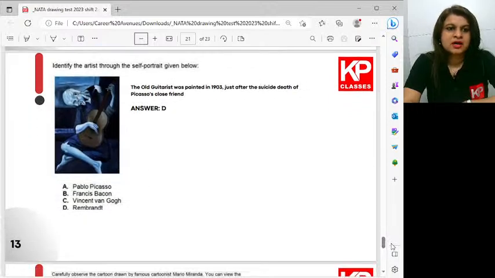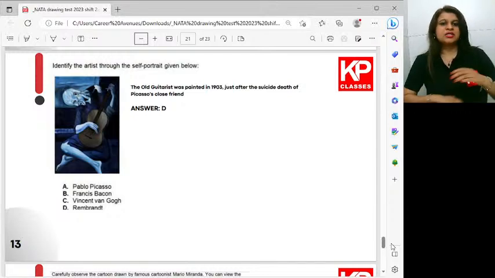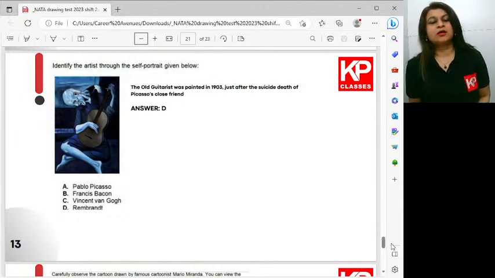So this is a self-portrait by a very famous painter, Pablo Picasso. The title of this painting is The Old Guitarist, and it was painted in 1903, just after the suicide death of Picasso's close friend.